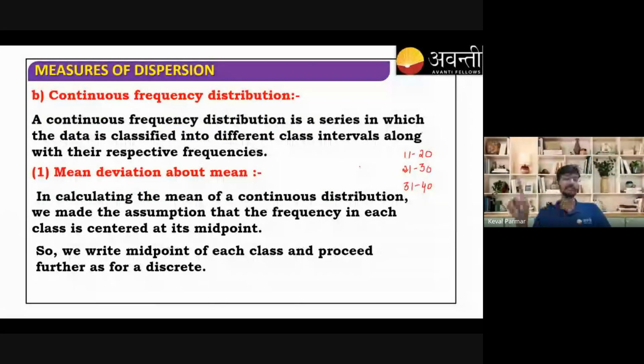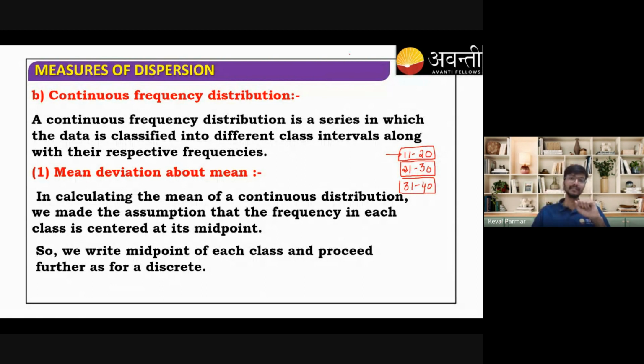The formula is the same. We have to select the midpoint of each class, because in every class there is a range of values. We don't have a particular value, so while calculating mean, we need the midpoint of these values. That's what is written here.